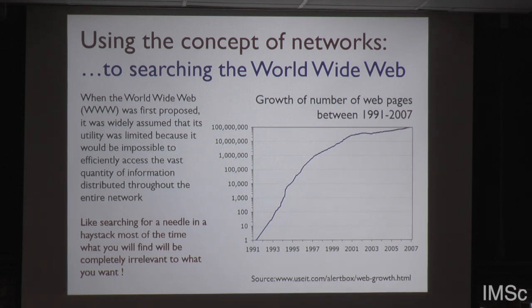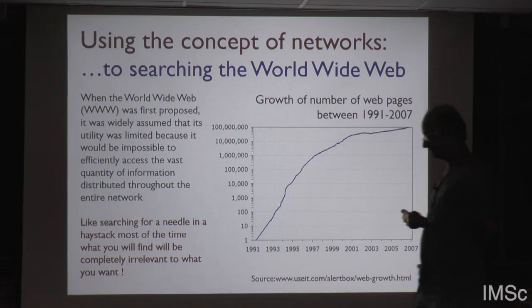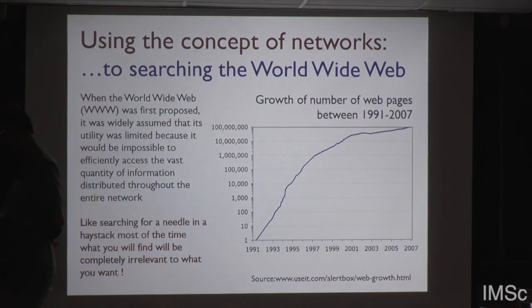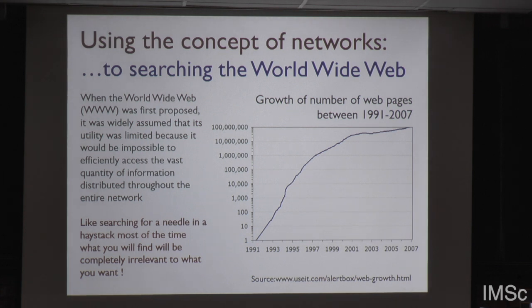Okay? So it's told that when the World Wide Web was developed by Berners-Lee and others, they were doubtful about its usefulness because one problem that they could not figure out how to solve was, how do you find a piece of information among the huge number of pages that essentially constitutes the web. Okay?